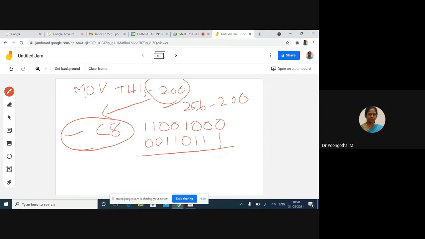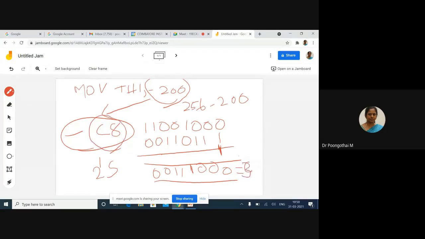So add 1, what is the answer? 0 0 1 1 1 0 0 0. So this is the 2's complement answer for this particular value. So 38 is the answer.